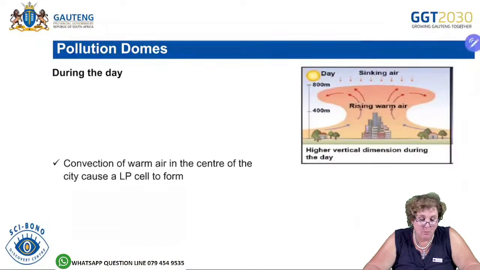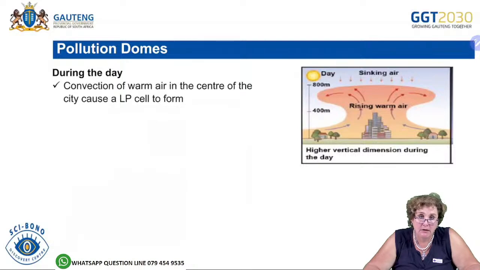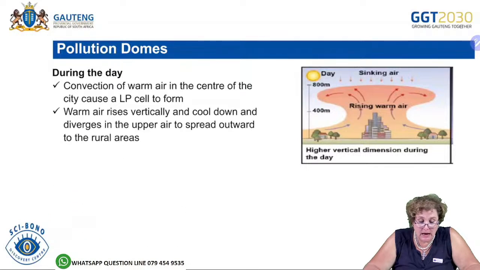There you can see our pollution dome. I want you to check now. There's a difference in shape of a pollution dome during the day and during the night. During the day, I have convection of air that's moving around in the center of the city, which causes low pressure. You can see this is my low pressure, my air rises. Lots of activity.